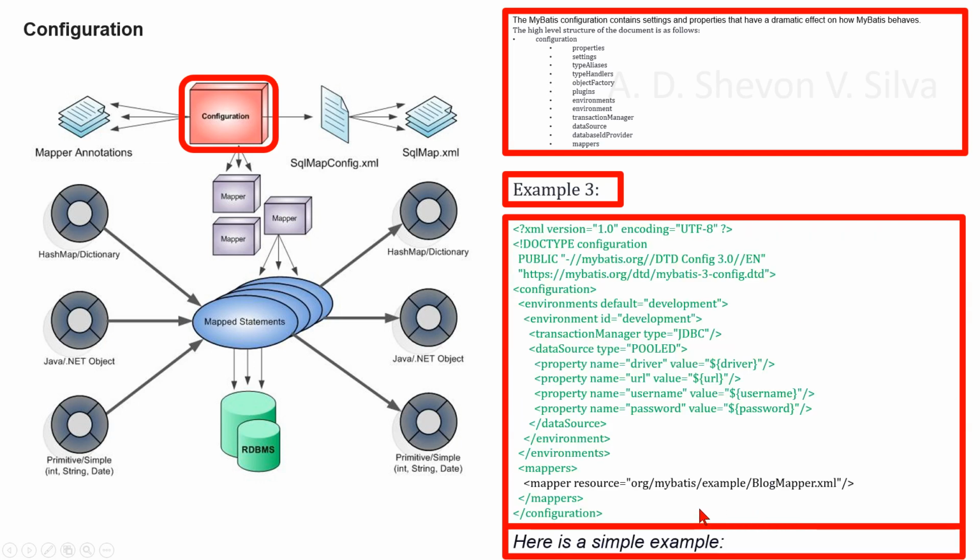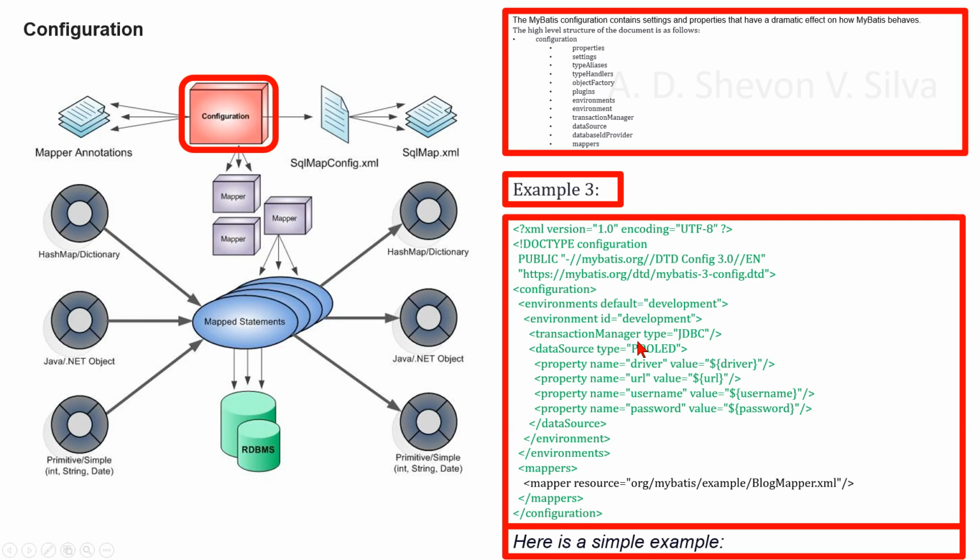Here is a simple example. The configuration XML file contains settings for the core of the MyBatis system, including a data source for acquiring database connection instances, as well as a transaction manager for determining how transactions could be scoped and controlled.